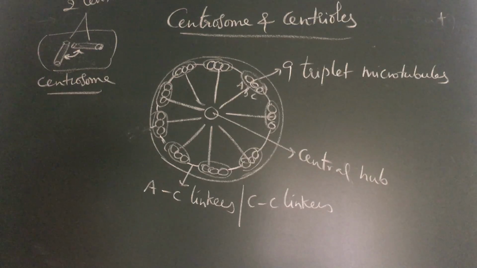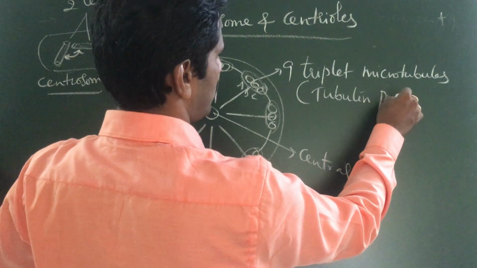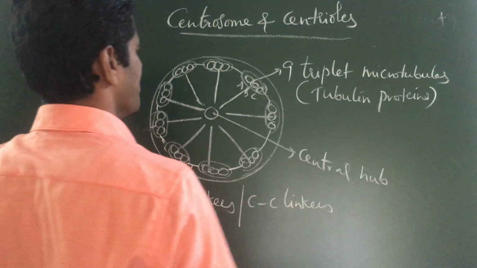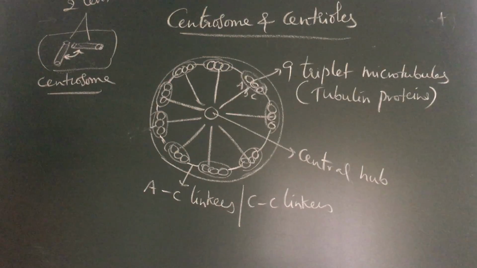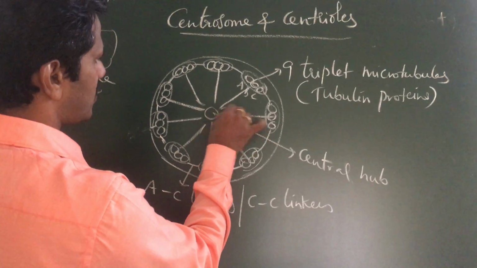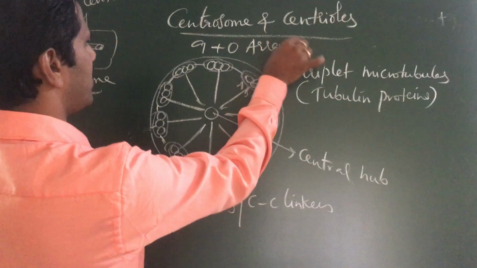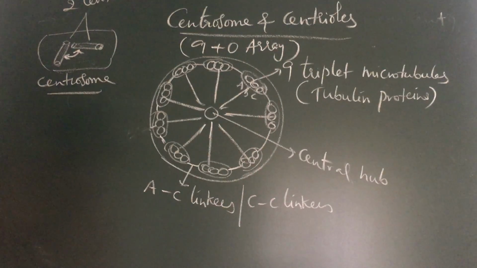Okay, right. Next, microtubules are made of tubulin proteins. So this is the arrangement. As there are no microtubules at the center, we call this a 9+0 array. Very important. Why is it called 9+0?